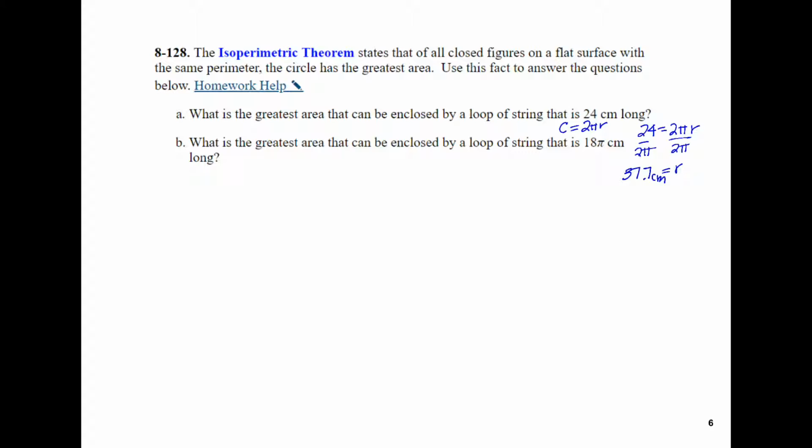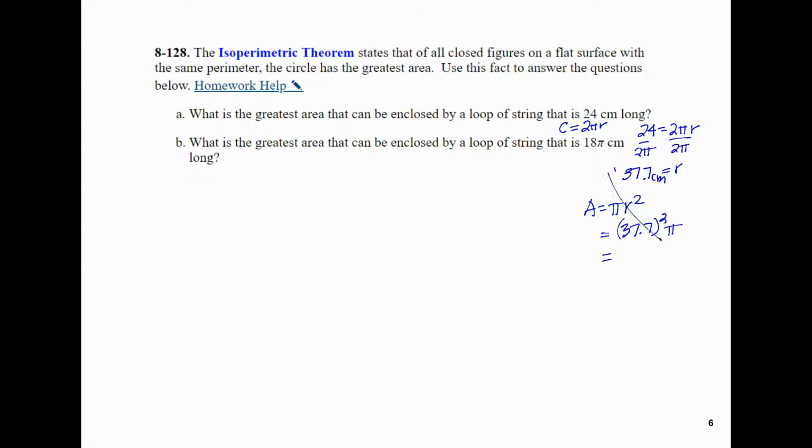We then want to know what the greatest area could be for that. So area is equal to pi r squared. So we take that radius, we square it, 37.7 squared, multiply that by pi, and we would get the greatest area of a circle we could have is approximately.